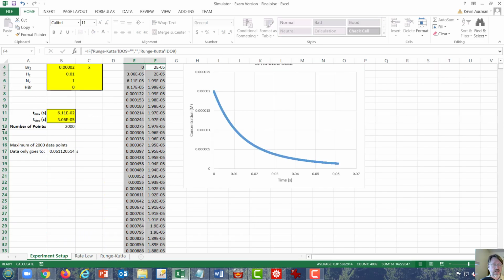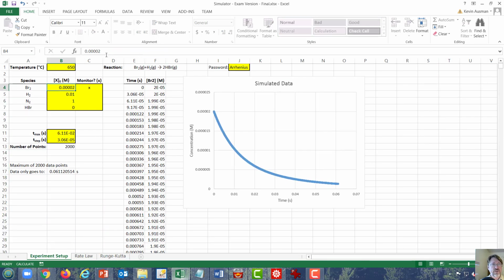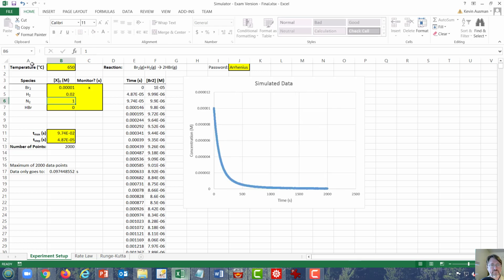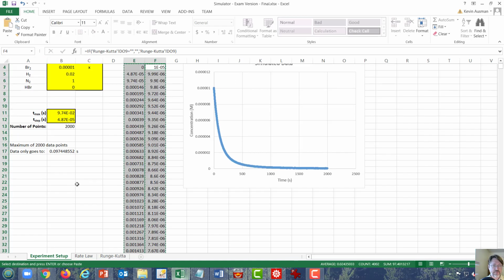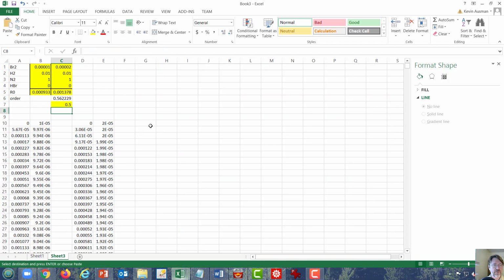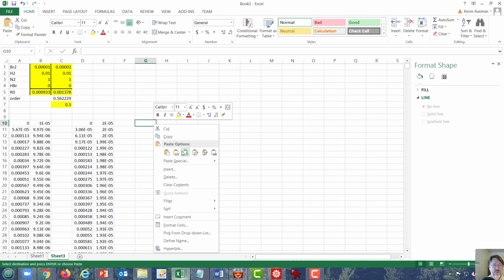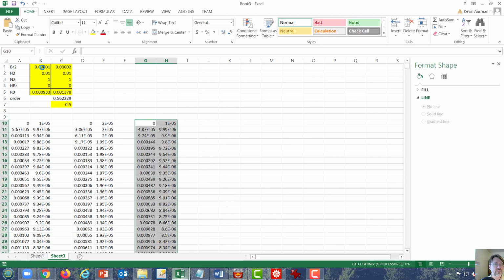Back here. We now want to change our second concentration to be double of what it was initially. We let Excel catch up, and we take our data, x comma y, copy, over to here, paste numbers. For reference, copy these over.